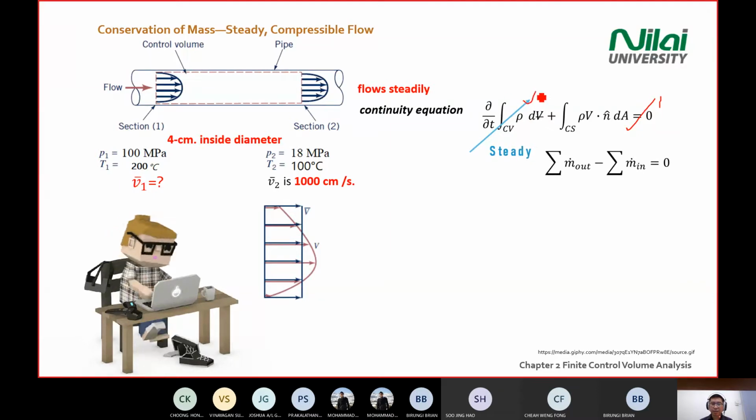This one, I'll give you 1 mark. Then the rest you only have rho V dA. This component is m dot out minus m dot in, mass flow rate out minus mass flow rate in. And recall the definition of m dot: m dot equals rho A V.